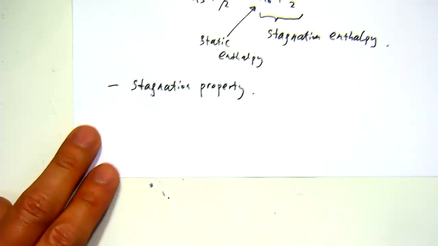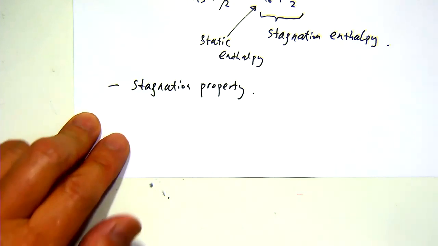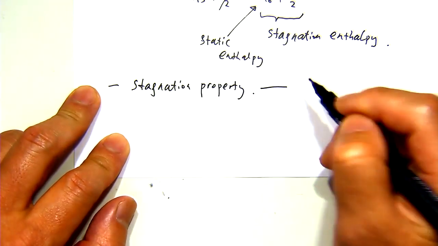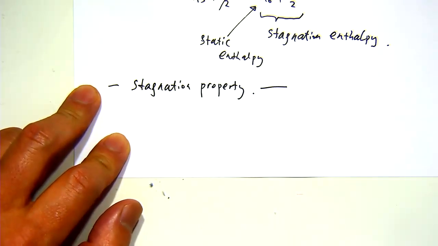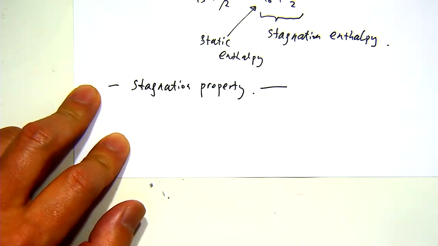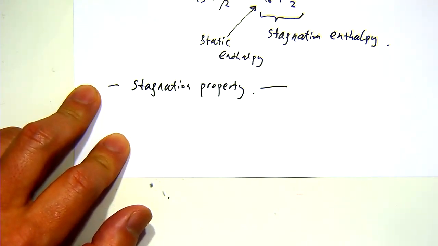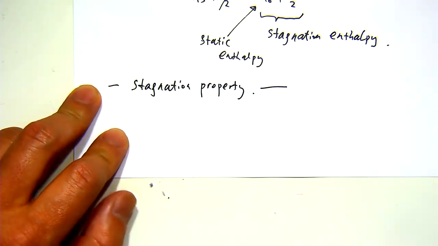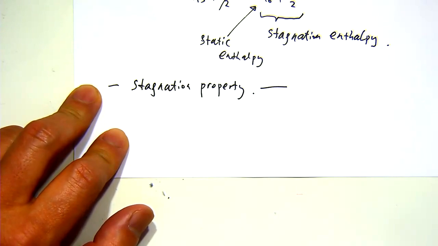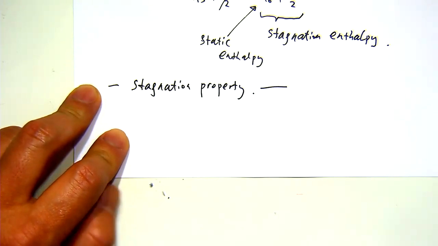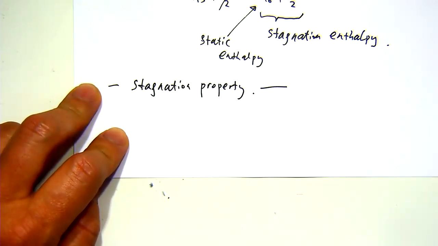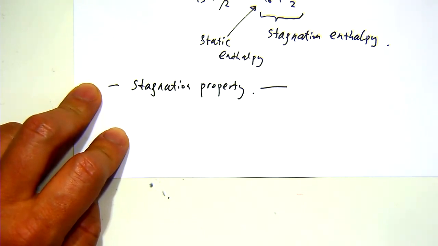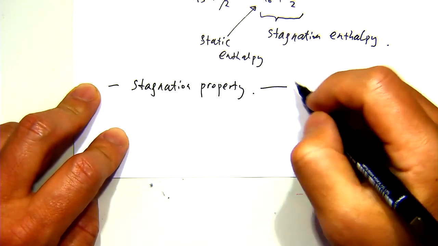Stagnation property is, by definition, a property attained when something is moving at a certain speed and you force it to stop, and this process is isentropic. So the enthalpy or the property you obtain at the end of this process will be the stagnation property for this process.